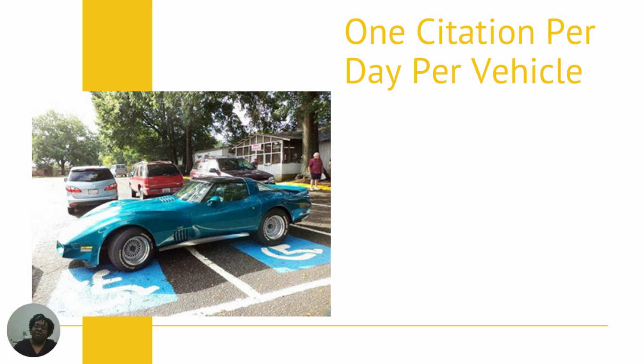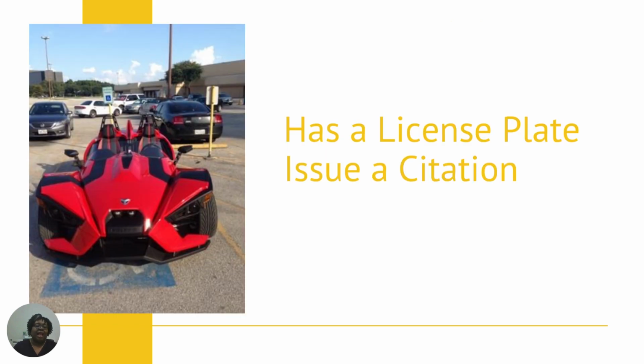They deserve 2, but only issue 1. And no matter what's parked in that disabled parking space, if it has a license plate, issue a citation. These spider vehicles have license plates on the back, and you can issue them a citation if they are illegally parked in a disabled parking space.